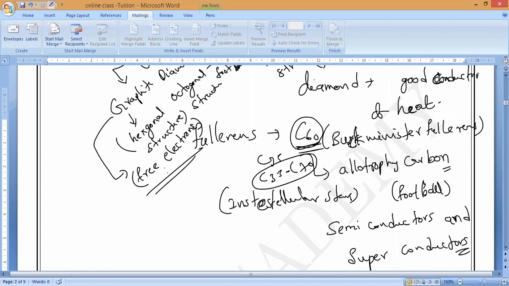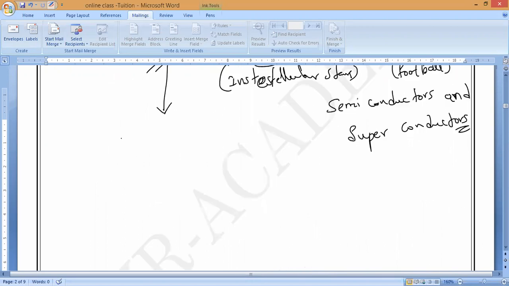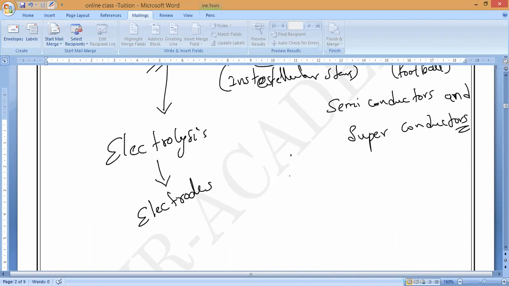That is the reason you can see in the electrolysis process, we have electrodes. Do you remember, guys? Please respond. In any electrolysis process, in the middle we keep 2 solid rods. One is taking the electricity inside and another is taking the electricity outside.